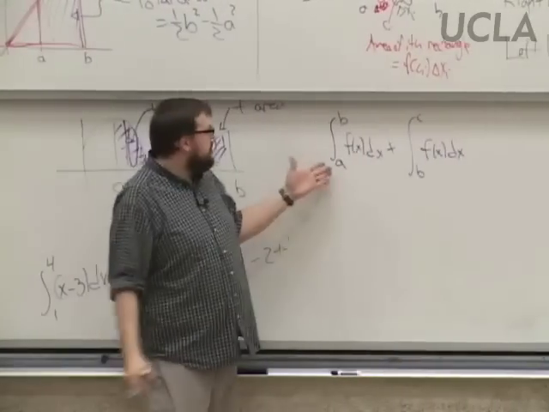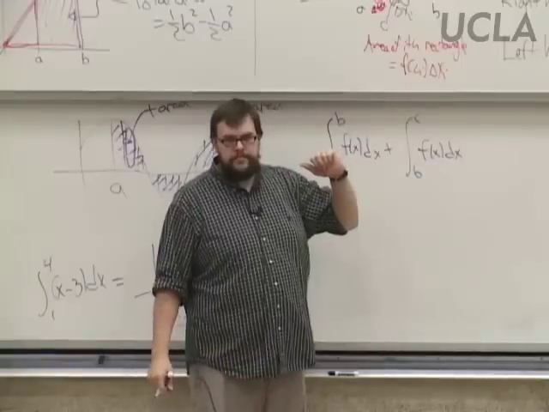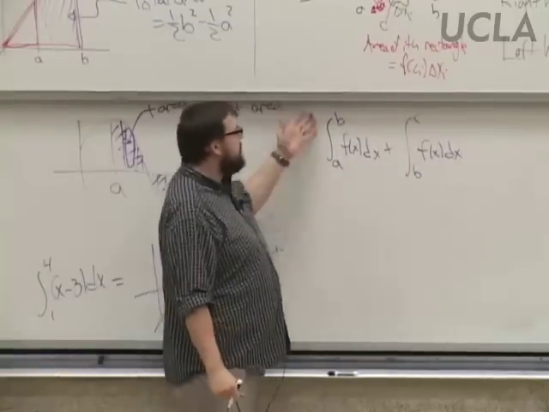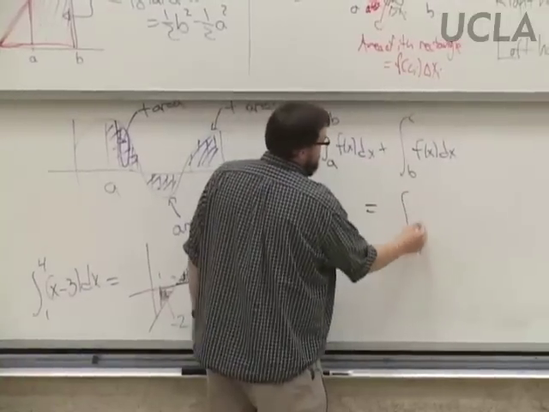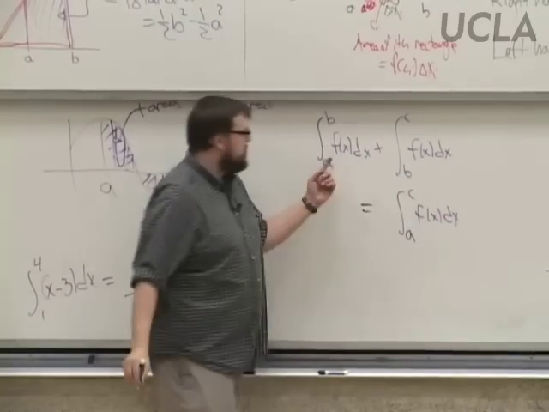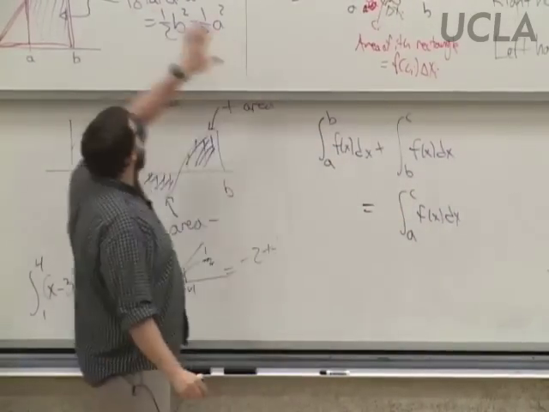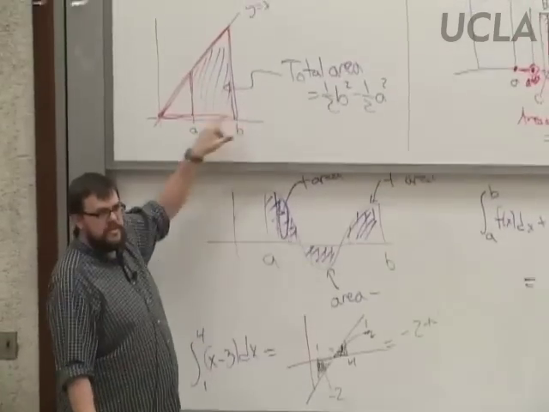This says you go from a to b, and then wherever b is, you go from b to c. Well, it seems fairly reasonable that going from a to b, then from b to c, should be the same as going from just a to c. And it is. So in other words, a to b plus b to c is the same as a to c. And that's what we used here, where we said the integral from a to b is the same as the integral from 0 to b minus the integral from 0 to a.